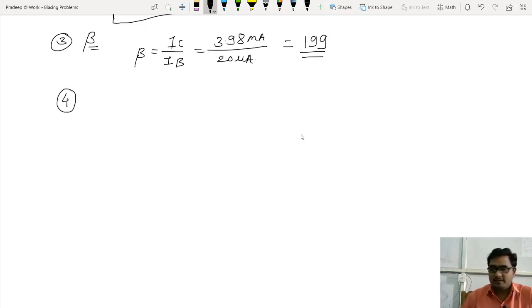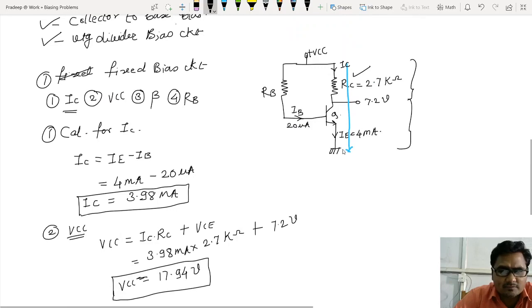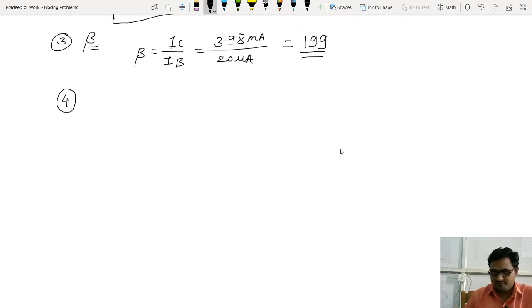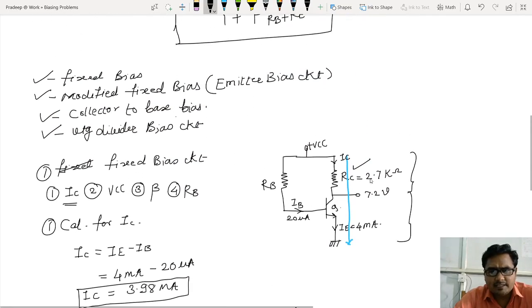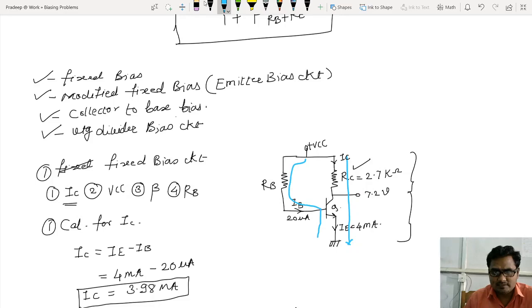Now the fourth parameter, let me check what is the fourth parameter they want. Okay, now they want the value of RB. Now to calculate RB, I need to apply KVL to the base loop. It means this loop I need to consider now. This loop means VCC is equal to IB multiplied by RB plus VBE.